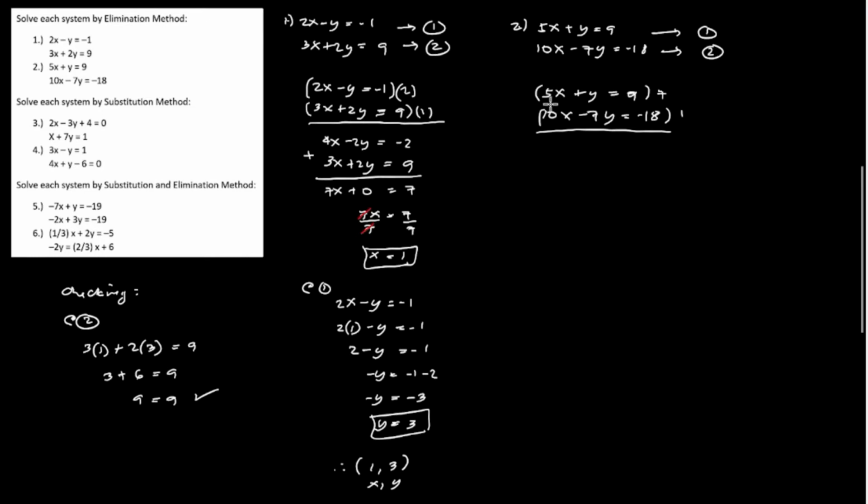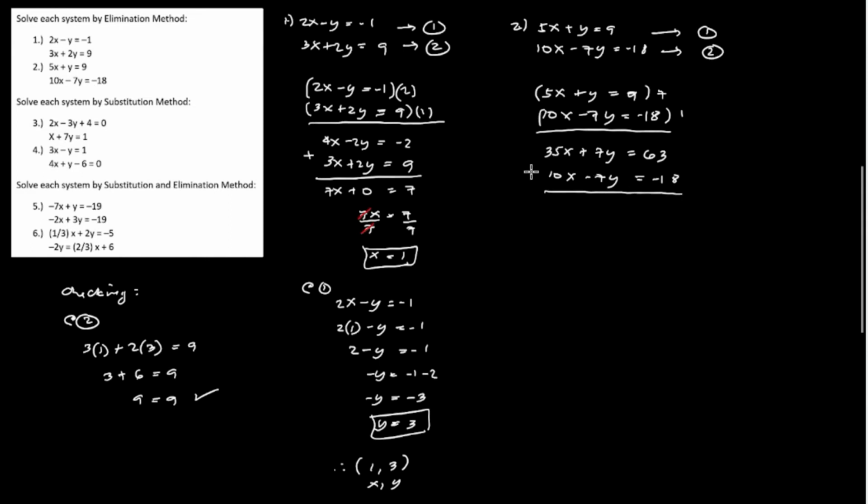So 7 times 5x is 35x, 7 times positive y is plus 7y, is equal to 9 times 7 or 63. Next, 1 times 10x is 10x. 1 times negative 7y is negative 7y, is equal to negative 18 times 1 or negative 18.